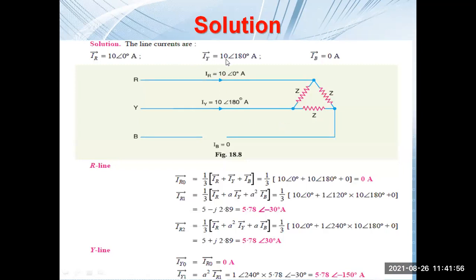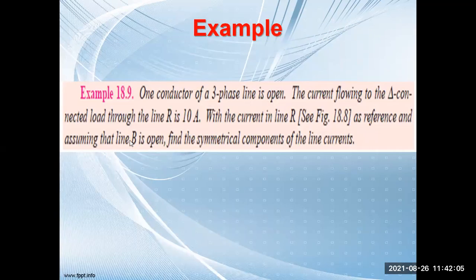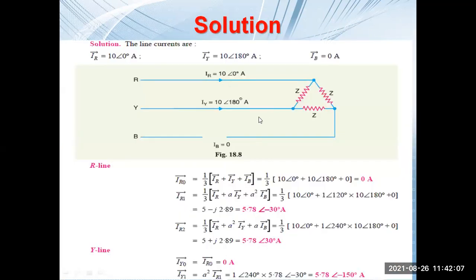When there is a fault on one phase, that current will be 0. B phase is open, which means IB will be equal to 0. Then IY will be, as it is a two-phase system, with a phase difference of 180 degrees, so it is 10 angle 180 degrees.